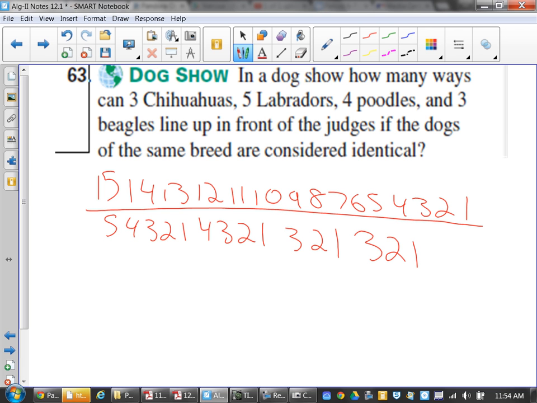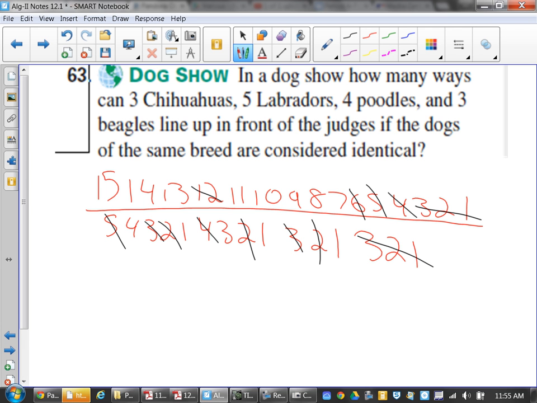So, fractions are fun. Can you cancel that out? 3 times 2 is 6. Get the 4. 3 times 4 is 12.